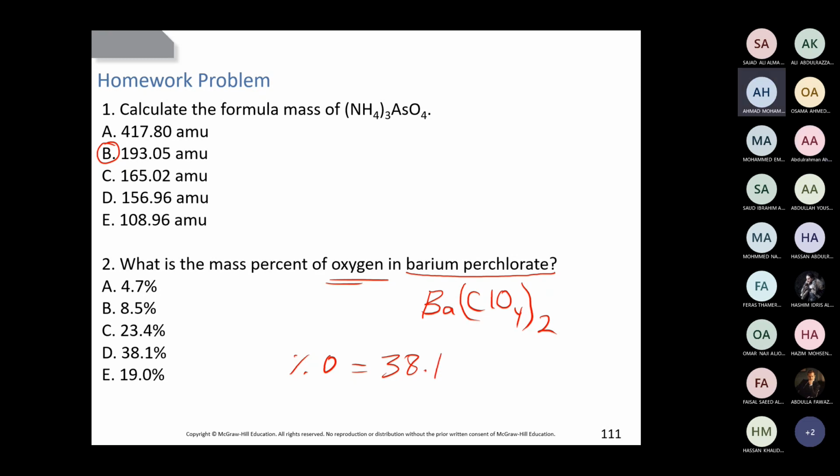I really don't know what's the answer, by the way. So what are you supposed to do? You multiply 8 times 16, which is the mass of oxygen, divide by the total mass. What's the total mass? Did you find it?